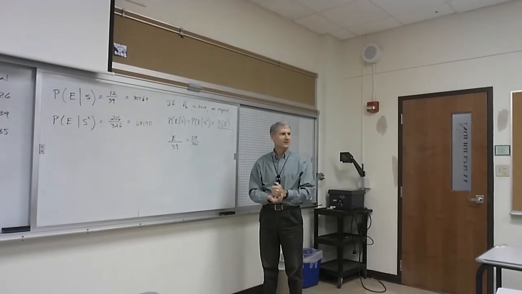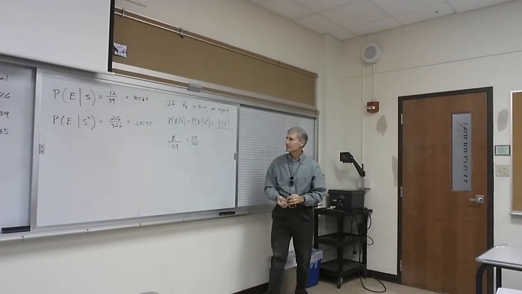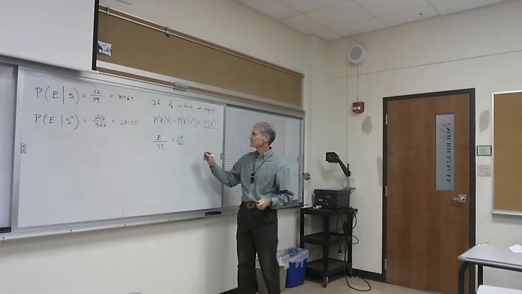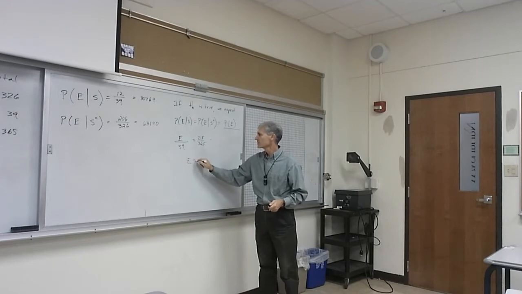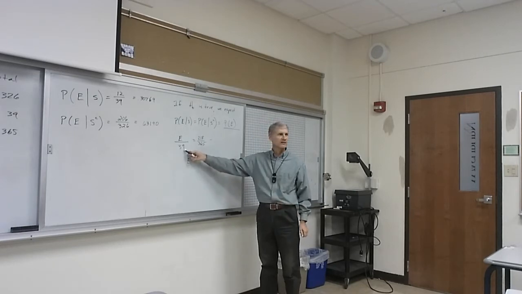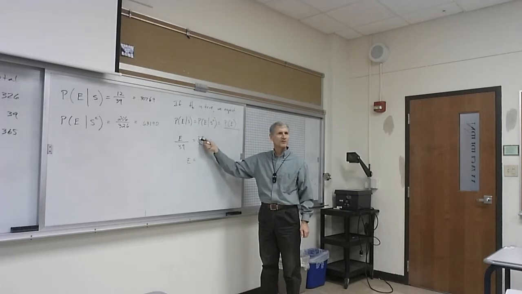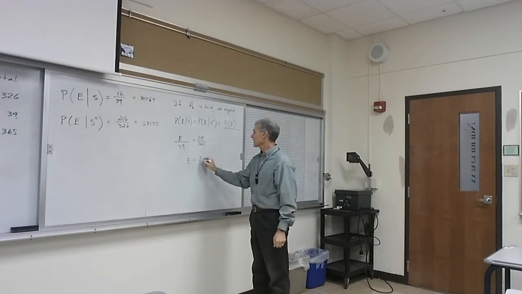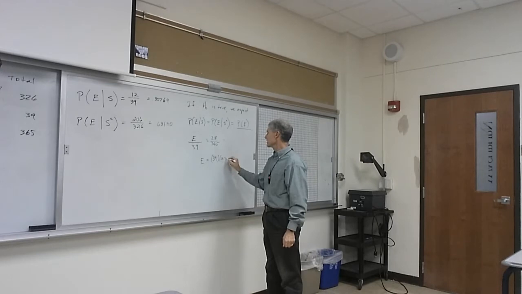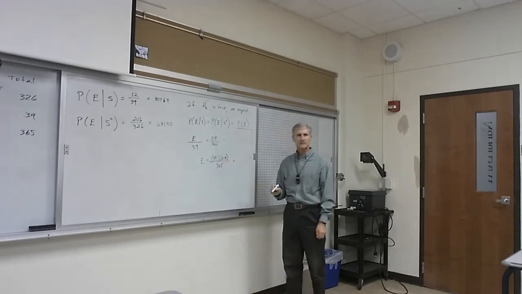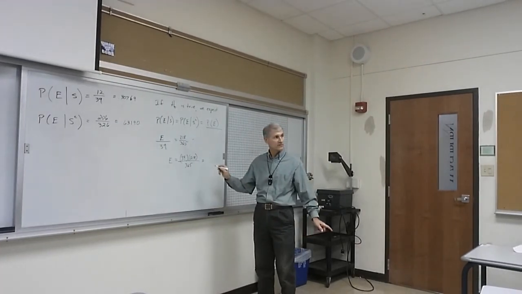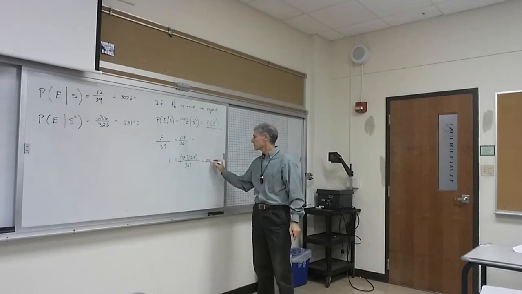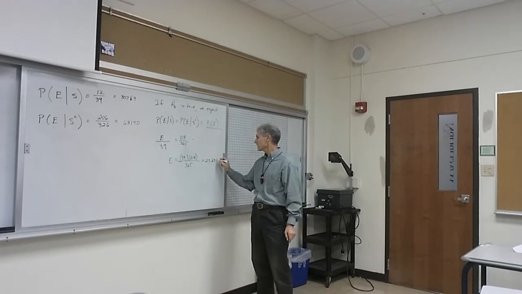I know it's tough, but you can do it. So E equals, how do I solve for E? Multiply through. So I get 39 times 218 divided by 365. What is that? 23.293.